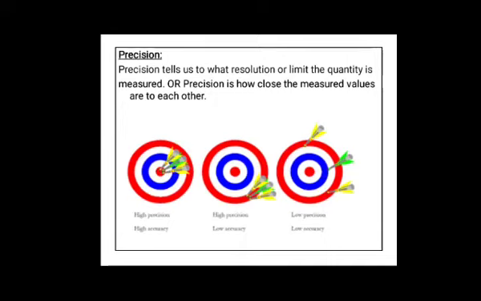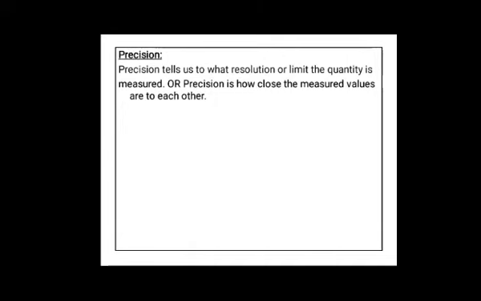To understand, let me take the previous example only. 1.25 is the actual measurement, the true measurement. Near values are 1.23 and 1.24, right? So 1.23 and 1.24 are very close to one another. Definitely precision is high then, correct?